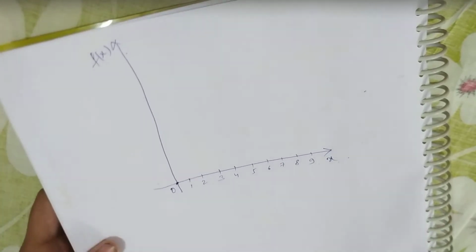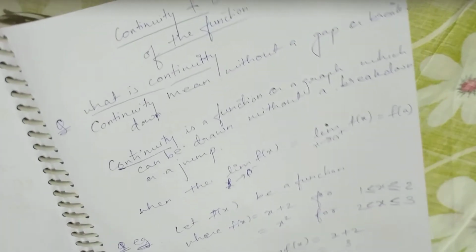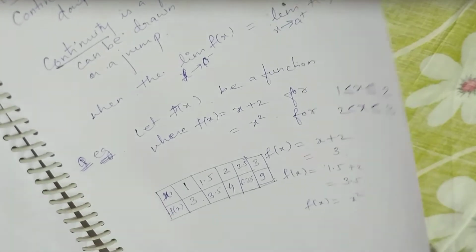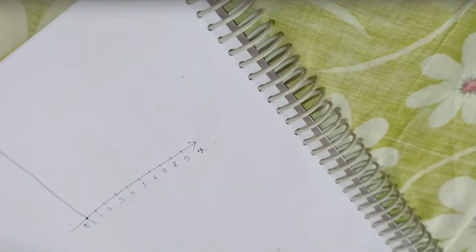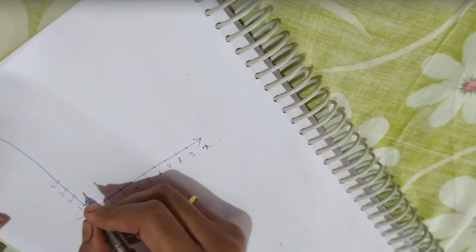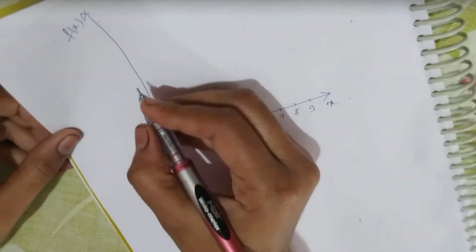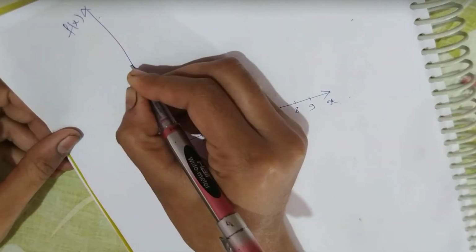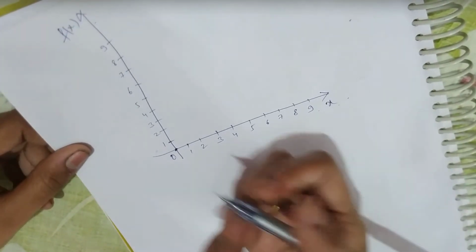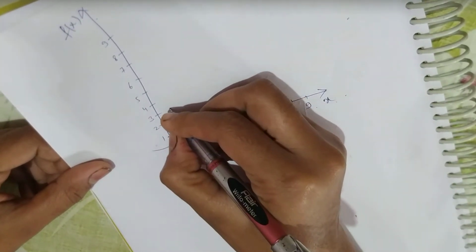We find that for x equal to 1, the value of f of x is 3.